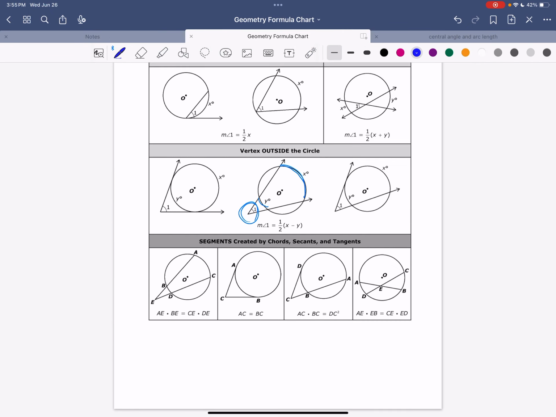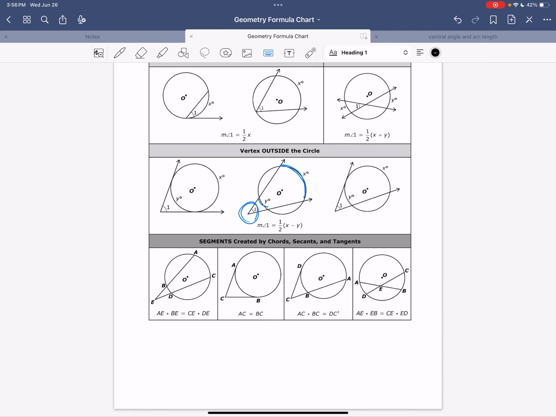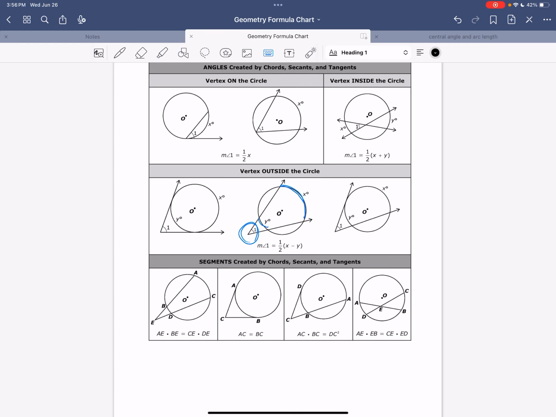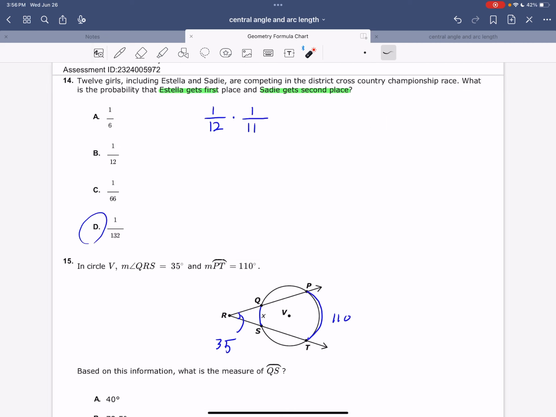So here, you're looking for the angle. This one looks like this. So do you see 1/2, like this minus this? Like always, outside minus inside. So that's what you're going to use.